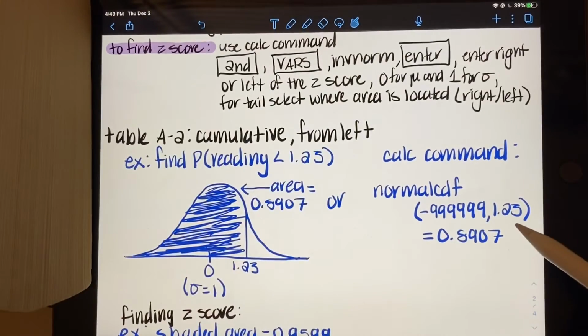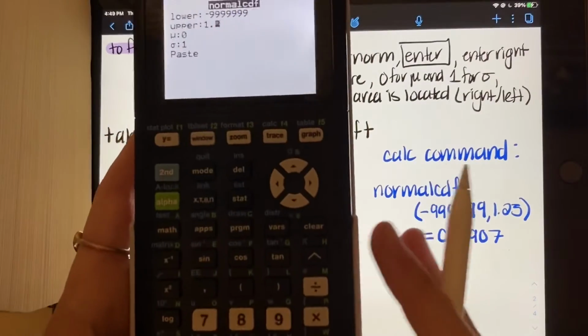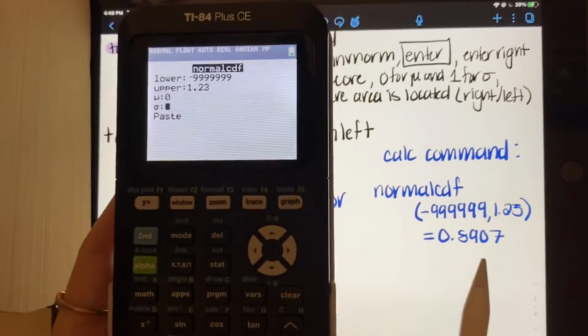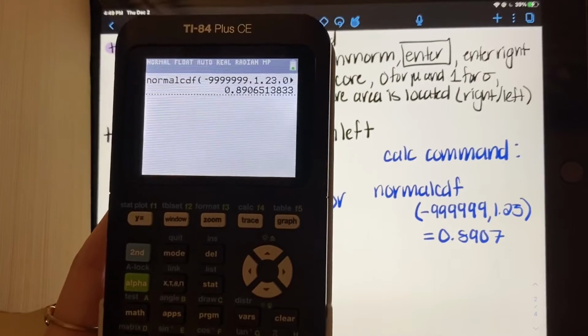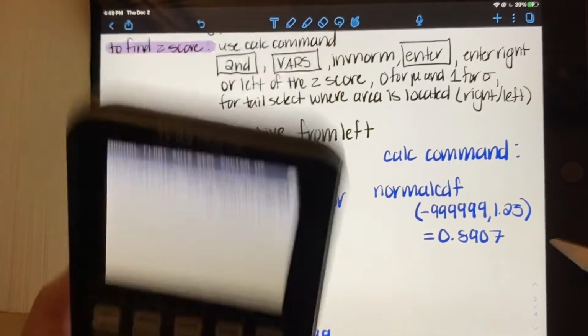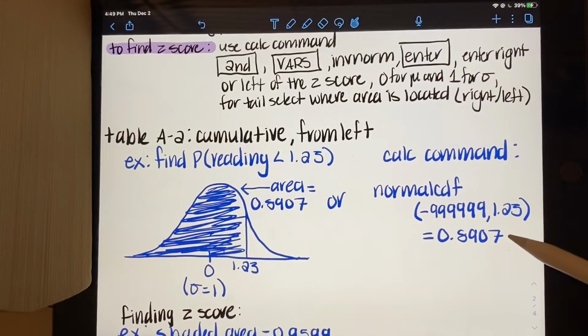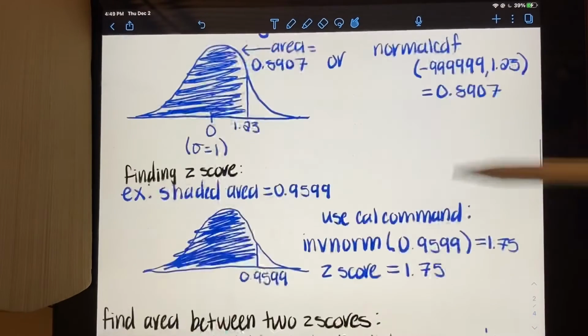And then this is our upper, so it's 1.23, just like that. Our mean is 0, standard deviation is 1. If you click enter again, you're going to get 0.89065, round that up to our answer here, 0.8907. And yep, pretty easy.